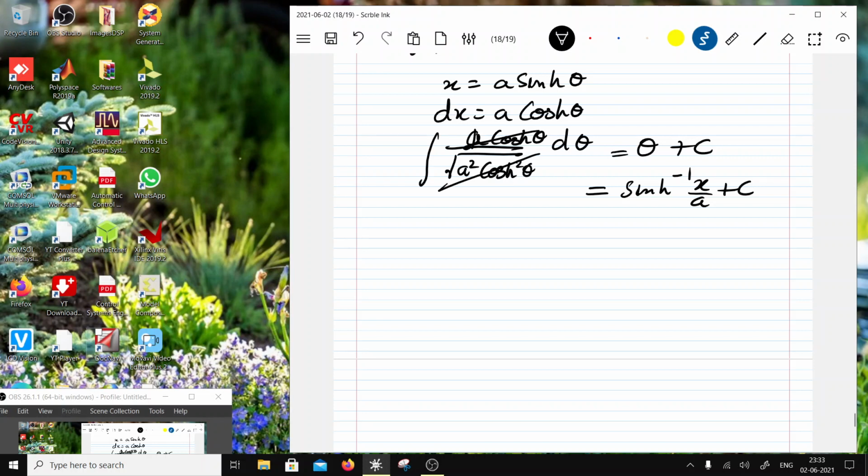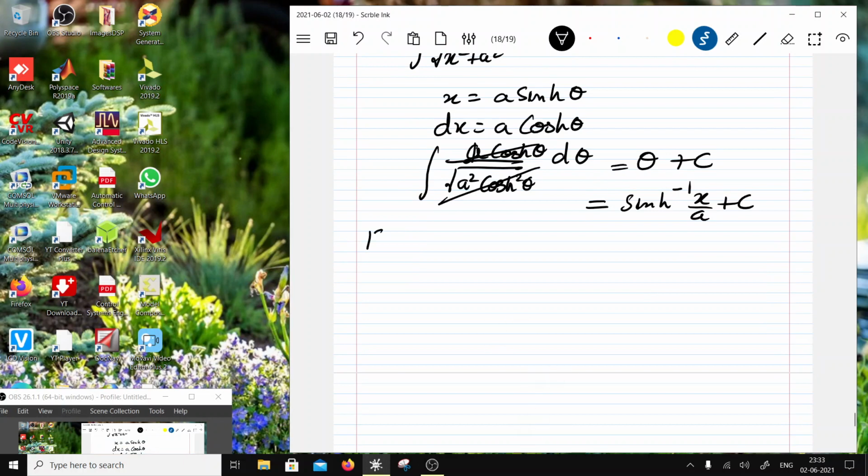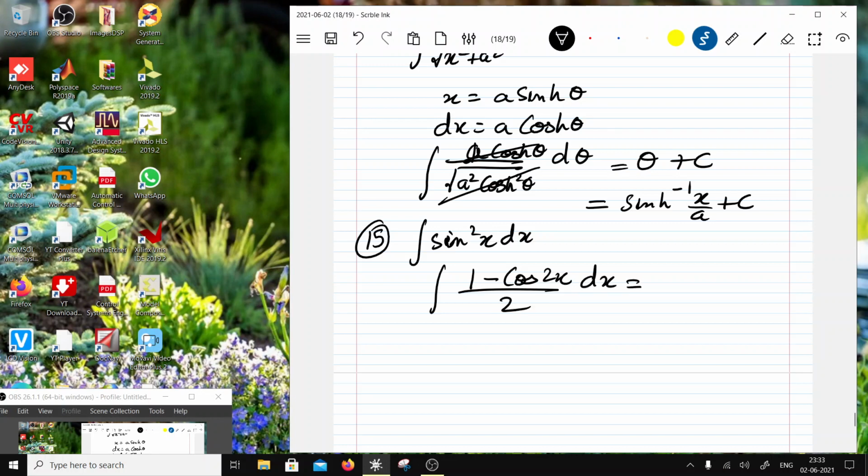Then I want to look at integral of sine square x dx. This can be written as integral of 1 minus cos 2x by 2 dx, which would be equal to half of x minus the integral of cos, which is sine of x, plus c.